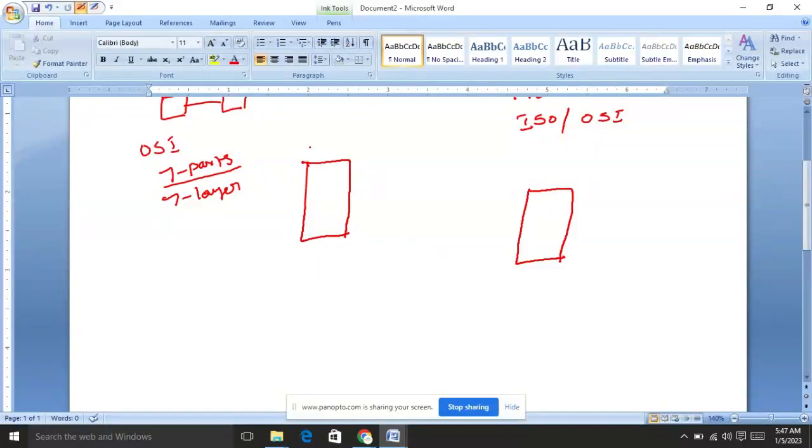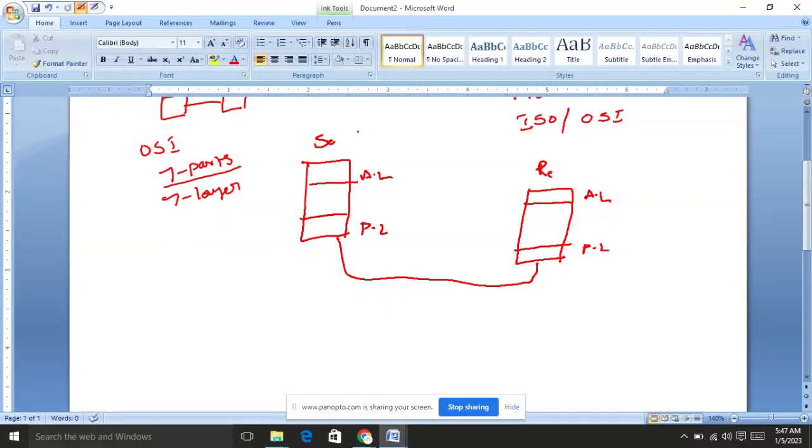This system sends the information and this system receives the information. The bottom layer is the physical layer and the top layer is the application layer in both systems.